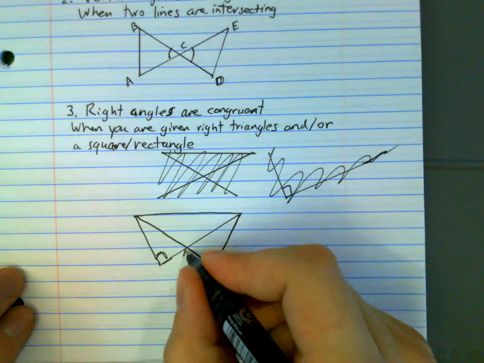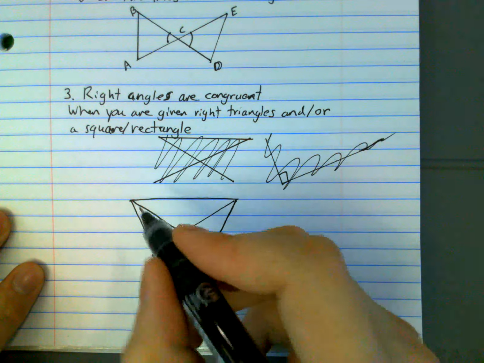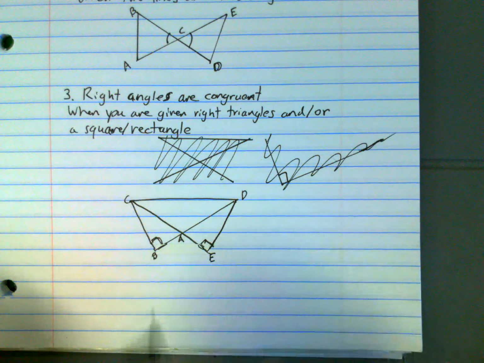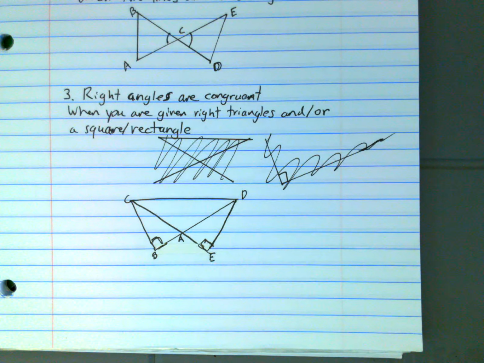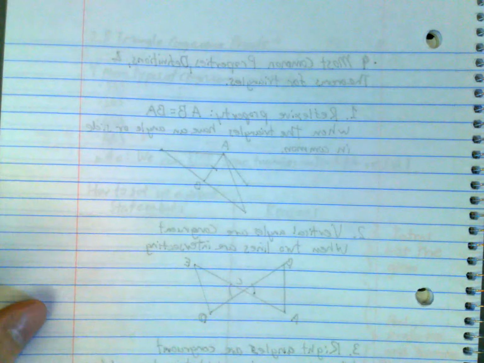And that's A, B, C, D, and E. So vertical angles are always congruent. I had to freehand that. I could not get it out of my brain with a ruler.